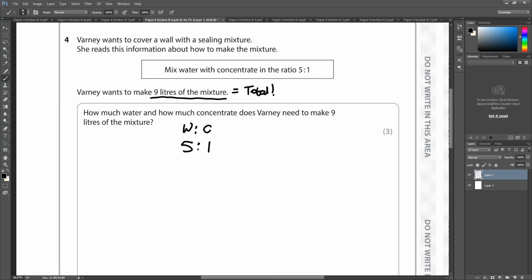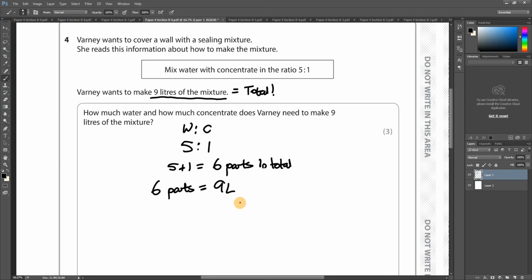So if we've got the total mixture, we need the total number of parts. So how many total parts have we got? So we've got 6 parts or 6 shares in total. Yeah, so those 6 parts must equal the 9 litres.